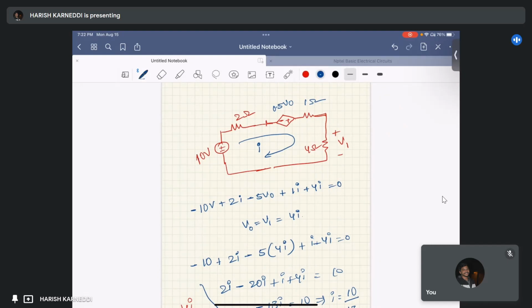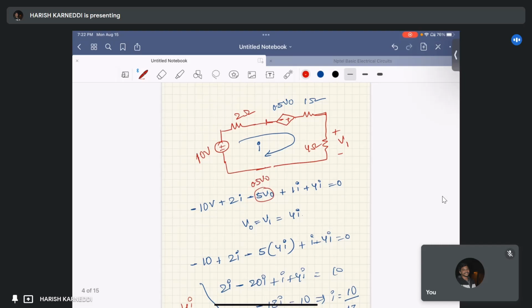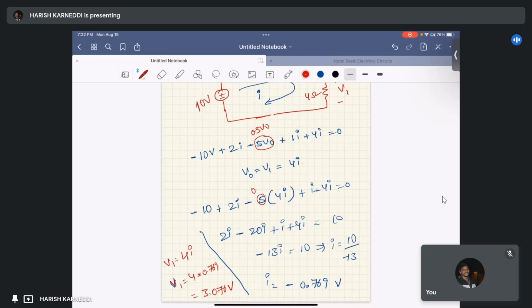Sorry for the inconvenience. In the previous case it was 20, so here it is not 20, it is 2.